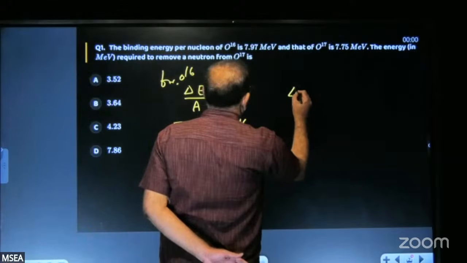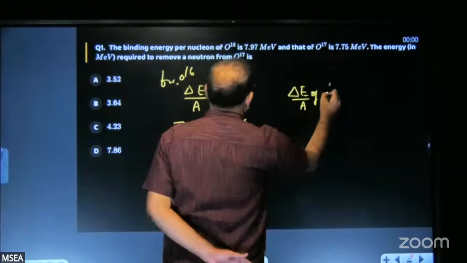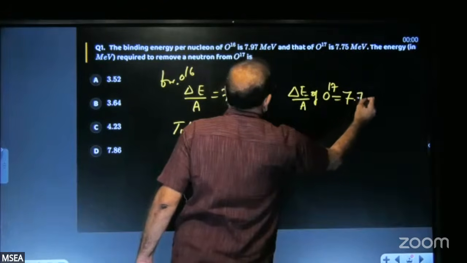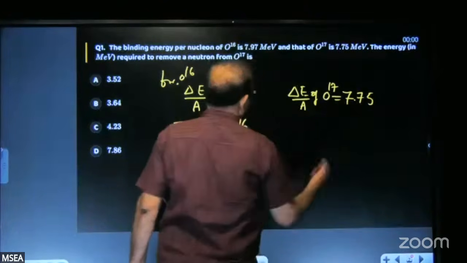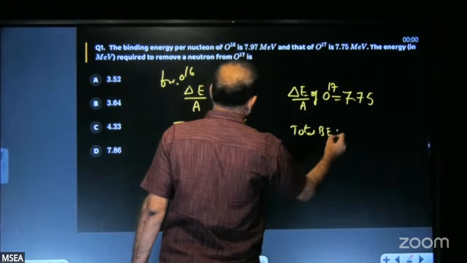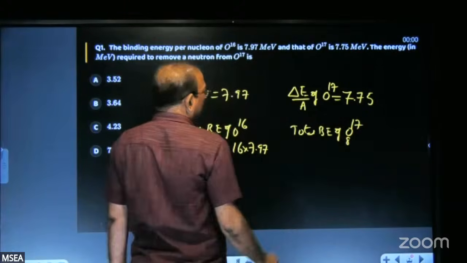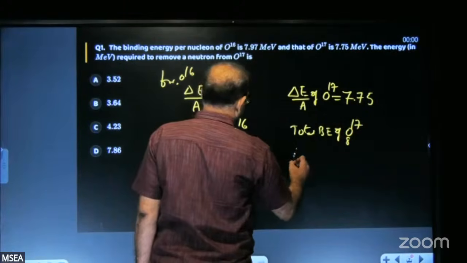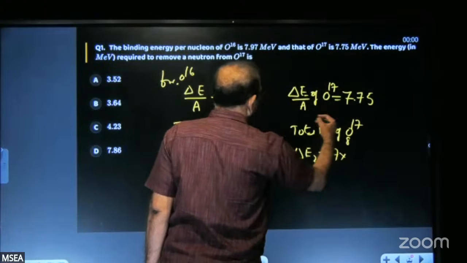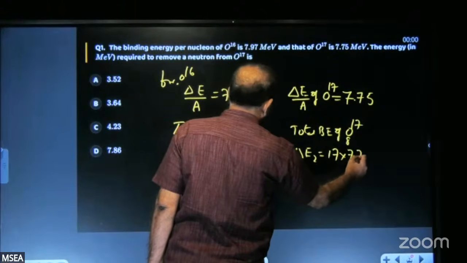Similarly, binding energy per nucleon of oxygen 17 is given as 7.75 MeV. So again write total binding energy of oxygen 17. What is the total binding energy of oxygen 17? 17 into mass number 17, 17 into 7.75.